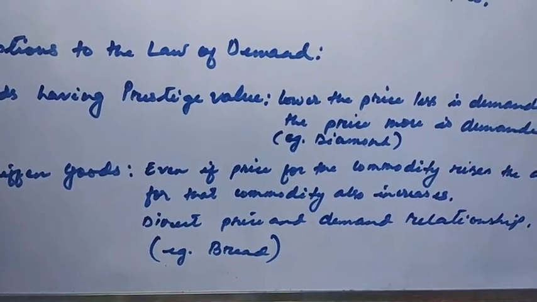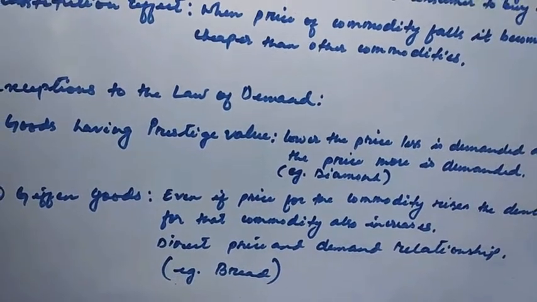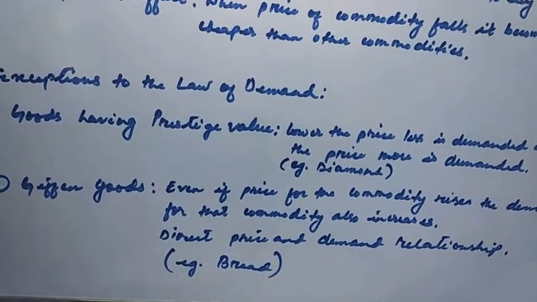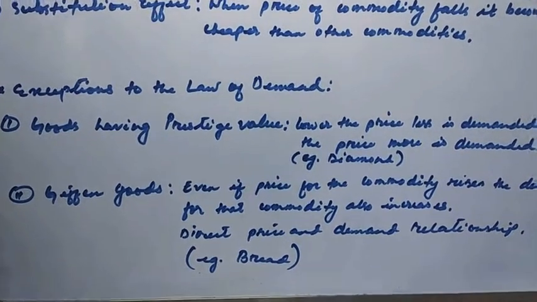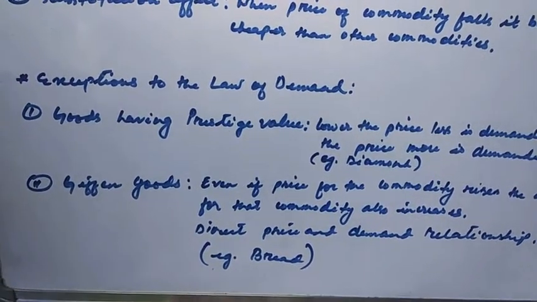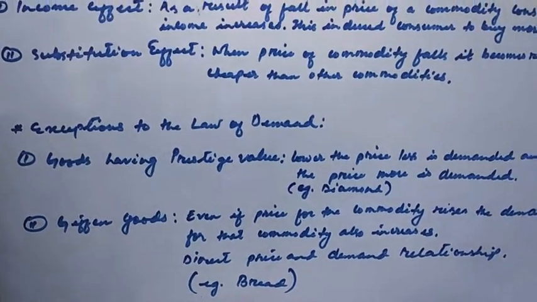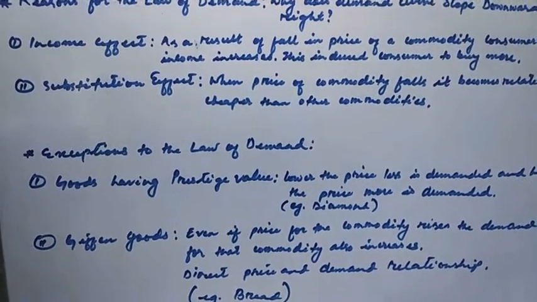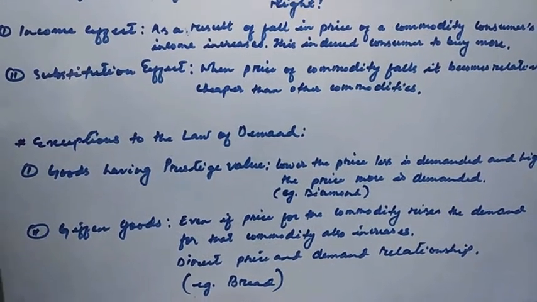As in the case of Giffen goods, the demand curve will slope upward to the right and not downward. So it does not follow the law of demand. It is going upward. So these are some of the exceptions to the law of demand which are prevalent.